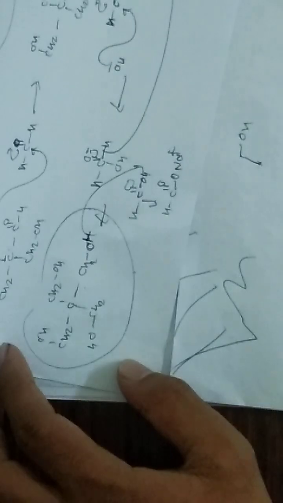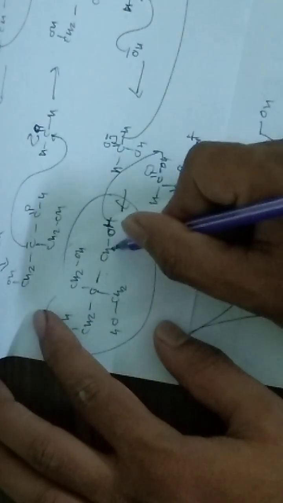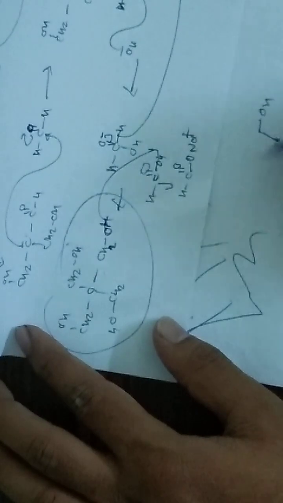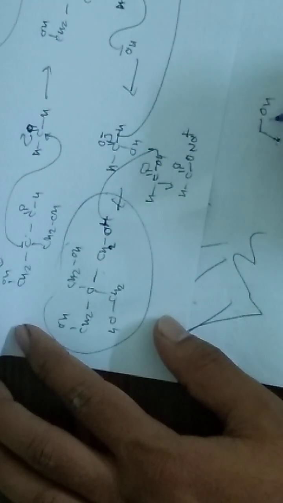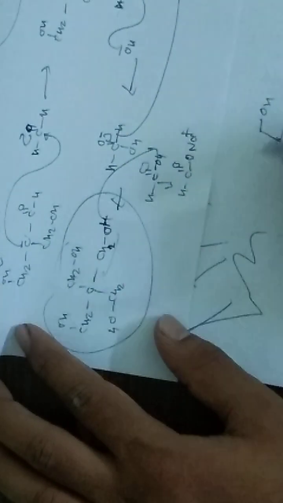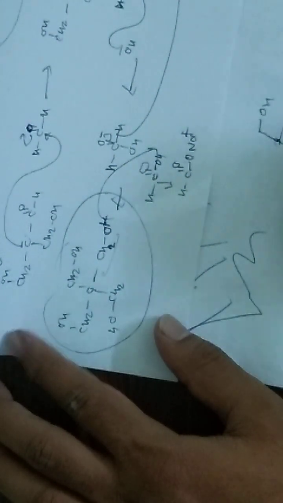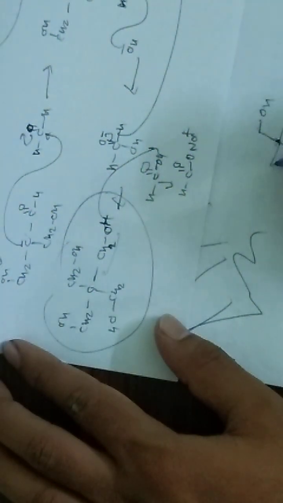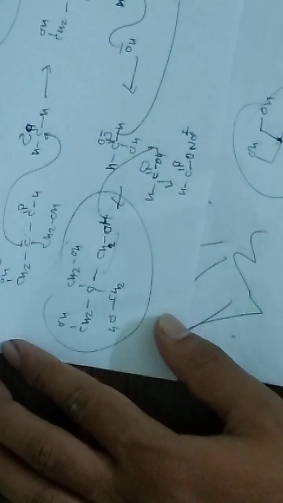So if I write this in one line formula, how will it look? Let's draw this, our final product, in the bond line formula. Let's see here. This is our central carbon, this CH2 and OH is right here. Now this is also CH2, this CH2OH, here CH2OH, CH2OH. So this is our final product.